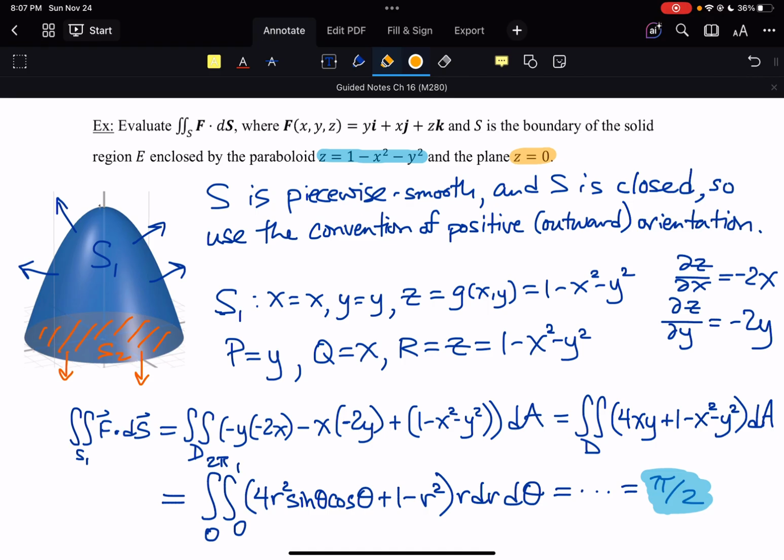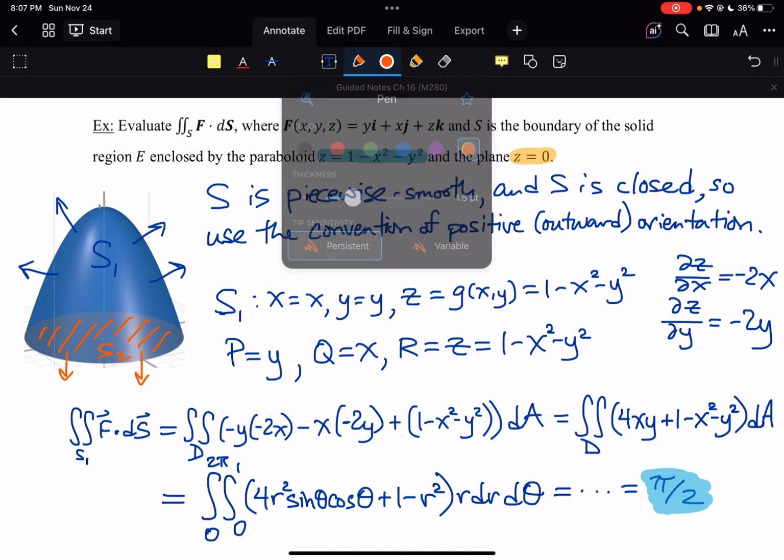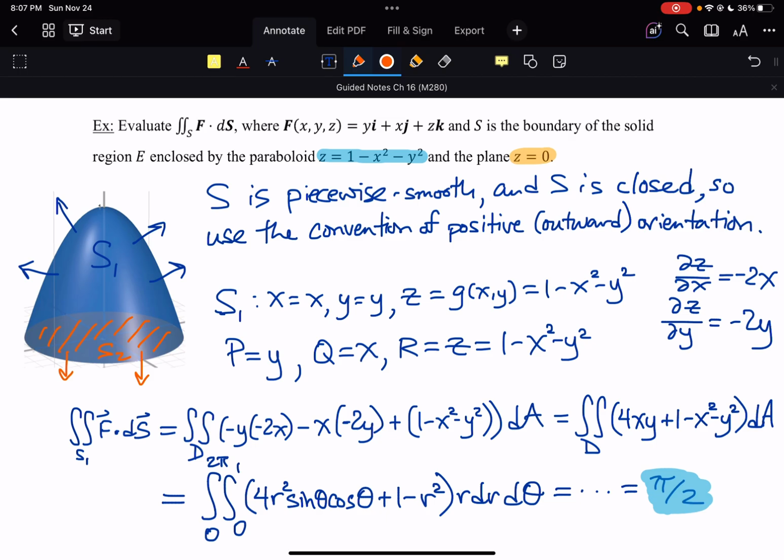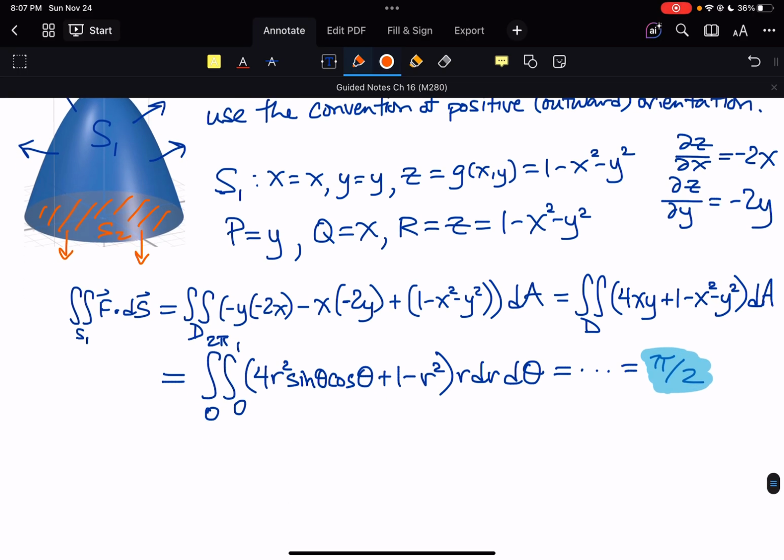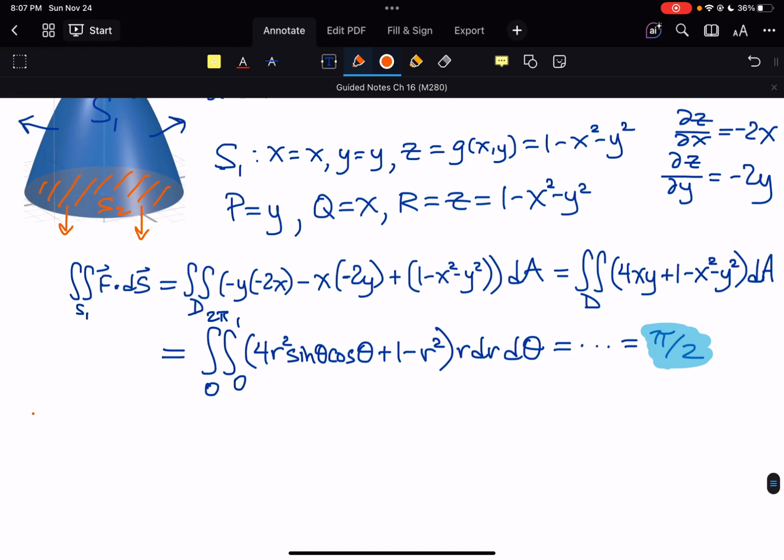But we also need to evaluate over the second surface, S2. That's down in the xy plane. So for S2, notice that because this is oriented downward, our normal vector is pointed straight down, and it would be a unit vector, a length of 1.